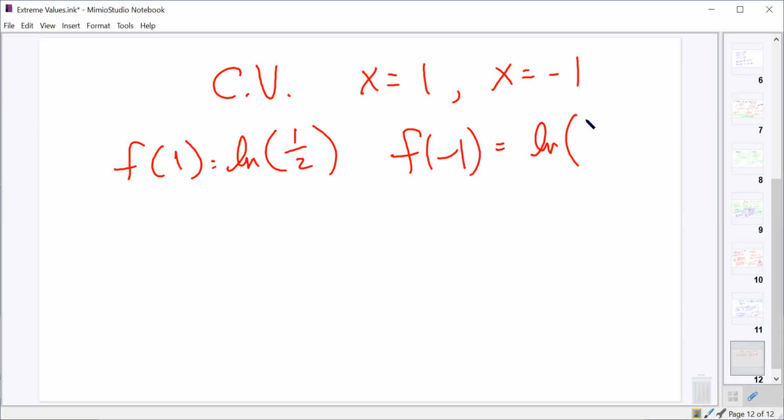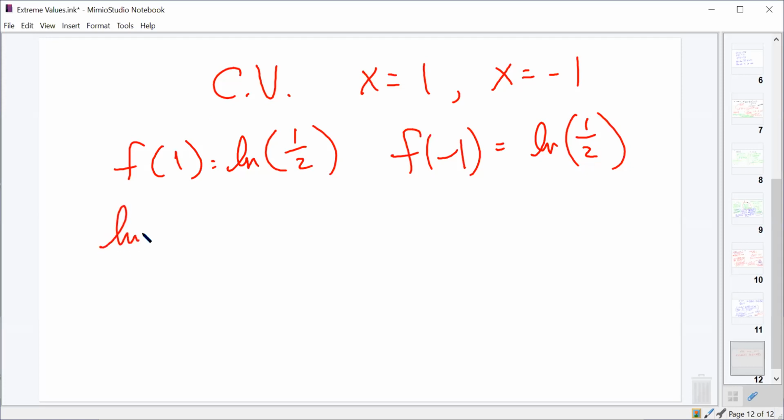No, because remember it's inside of an absolute value, so natural log of a half. Right? So we've got the same value. So if one of them is an absolute max or an absolute min, then the other one is as well. True? So let's just figure out what's going on then with our function outside of these values.